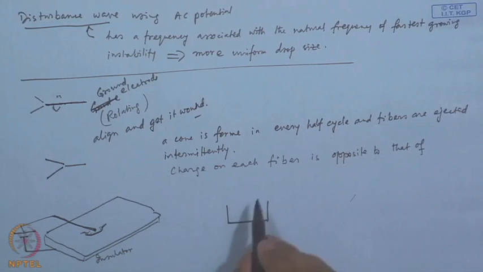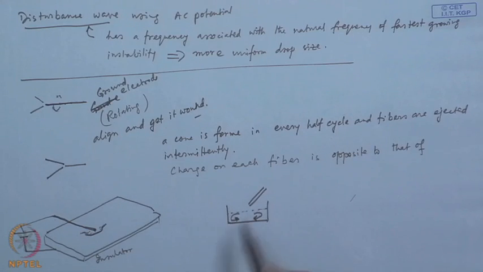If this is the electrode and this is the liquid level, one will find that there would be vortices generating like this.